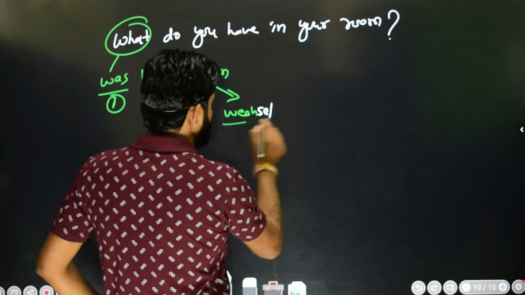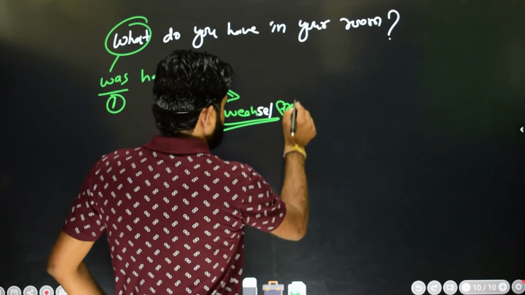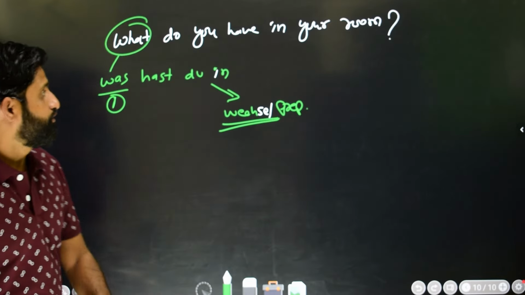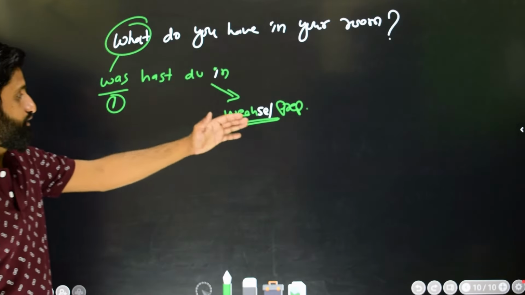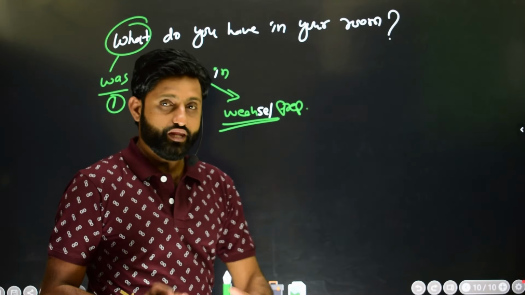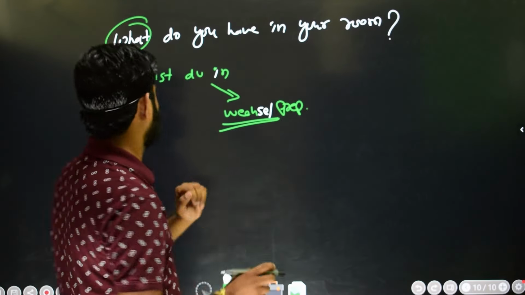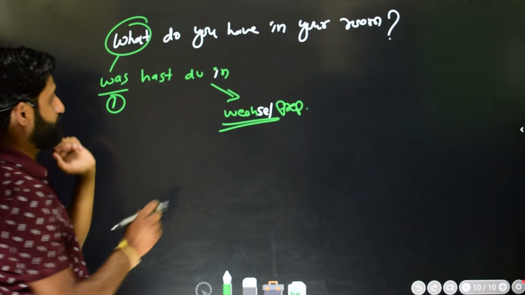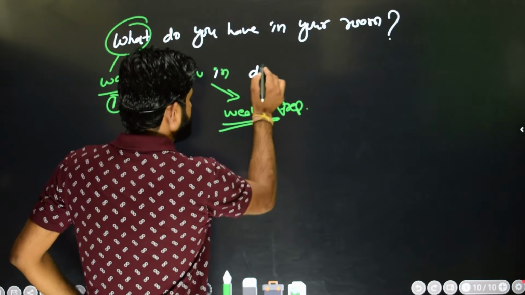If there is no movement, it will be dative, or if the question is with wo, then also it will be dative. So was hast du in deinem Zimmer?